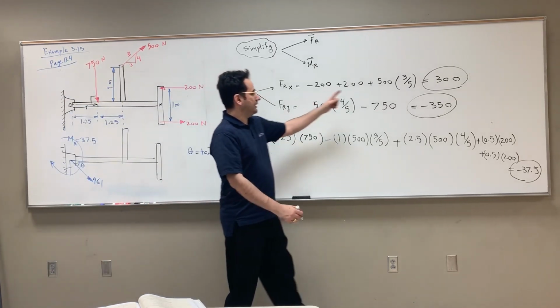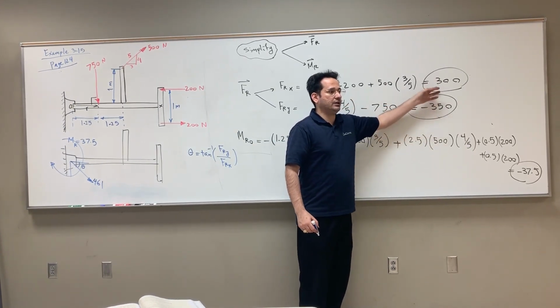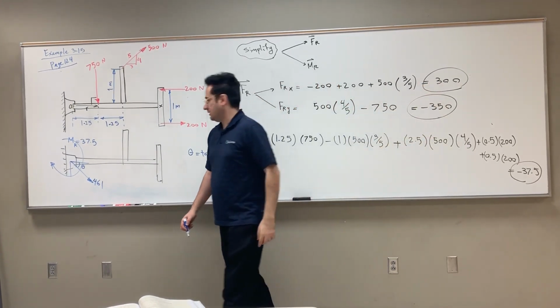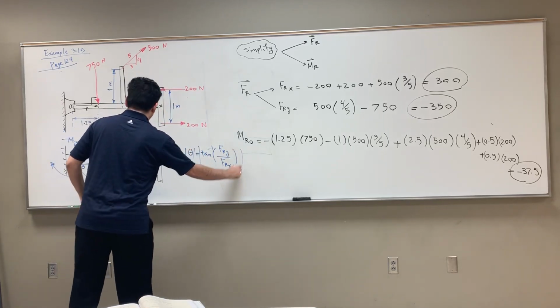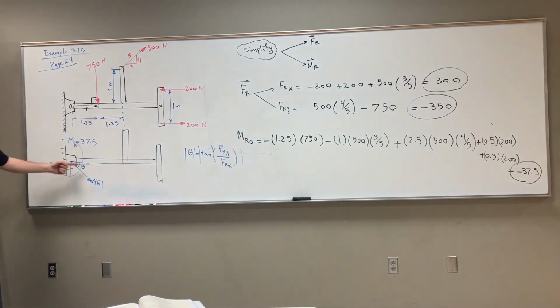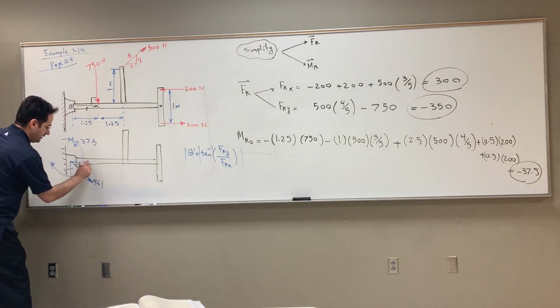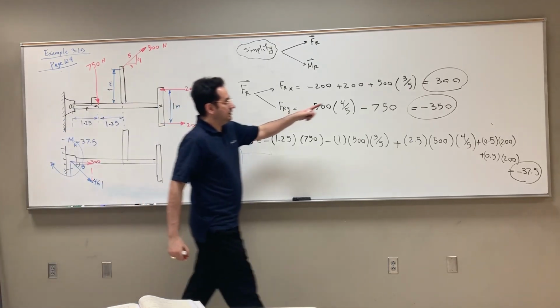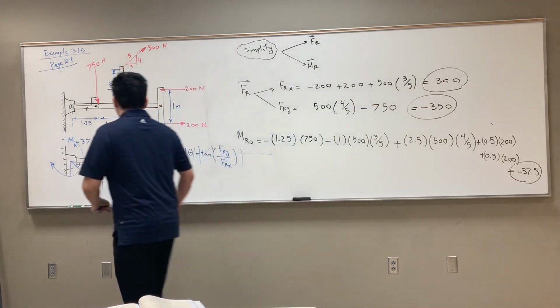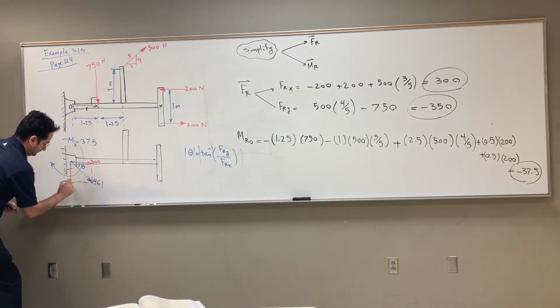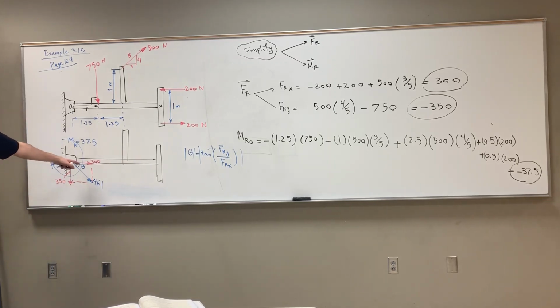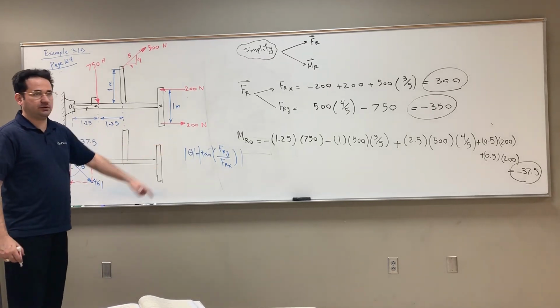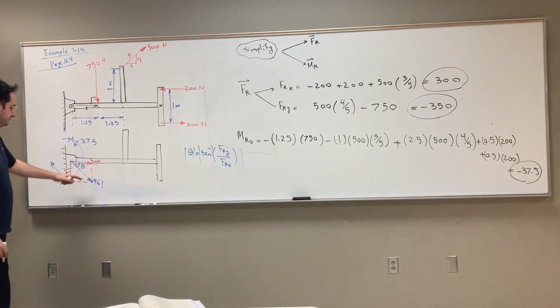This has a positive x component. If you project it, the x component is 300, and the y component is 350. So the angle can be obtained as arctangent of y over x component, right?